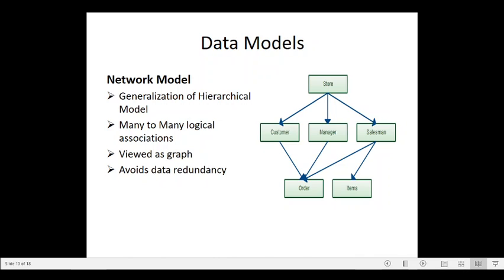Here, it establishes many-to-many relationships or logical associations. So, network database model replaces hierarchical tree with graph, thus allowing more general connections among the nodes.